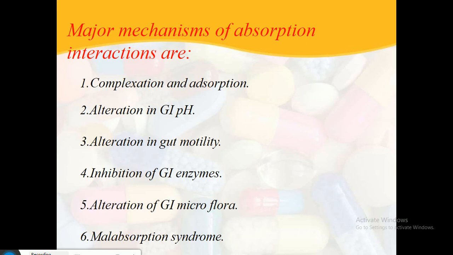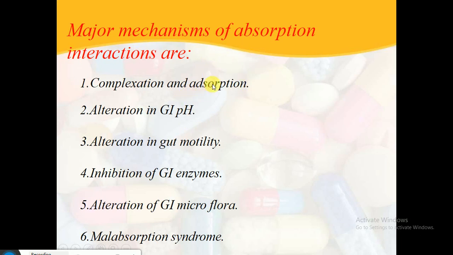Now these are the major mechanisms of absorption interactions, that is, what type of interaction occurs when the drug is absorbed. First of all, there may be complexation and adsorption. Adsorption means something is absorbed on the surface.